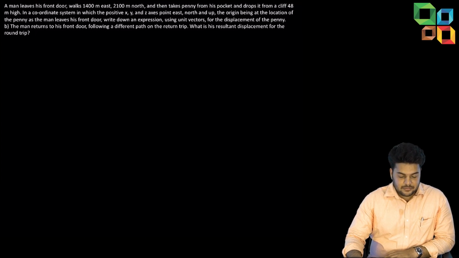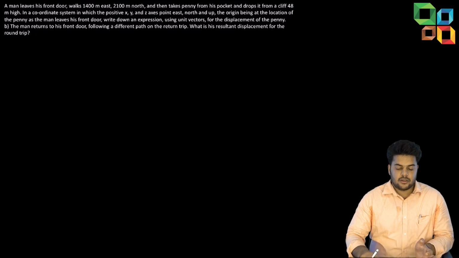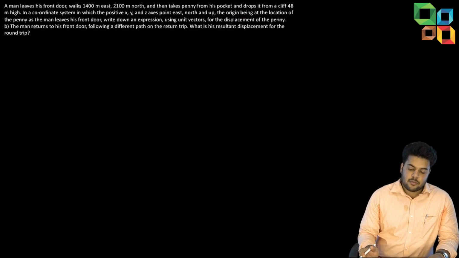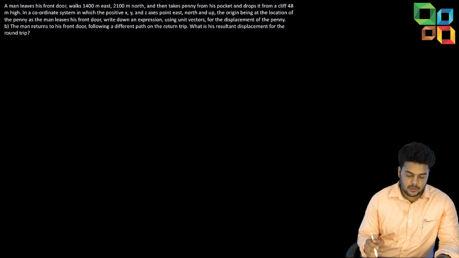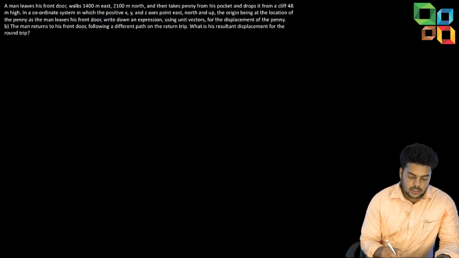For the first part of this question, should we express it in the form of i cap plus j cap plus k cap? Yeah, correct. So now they're describing the coordinate system.